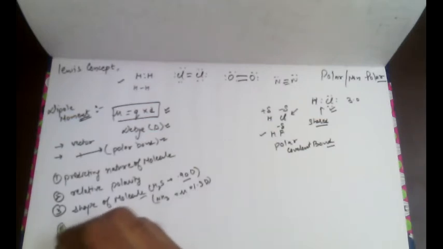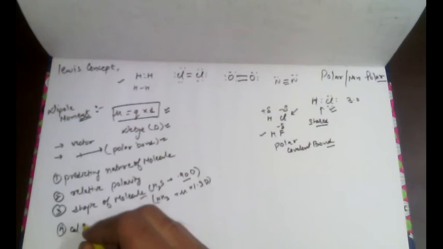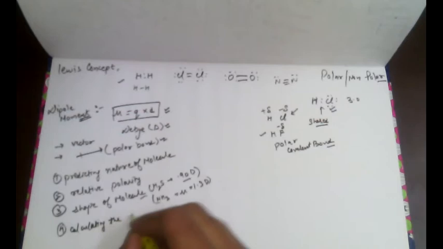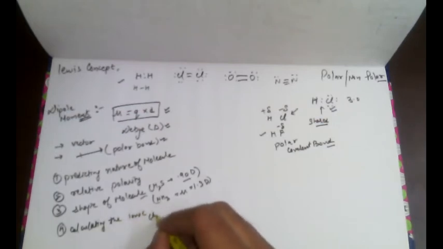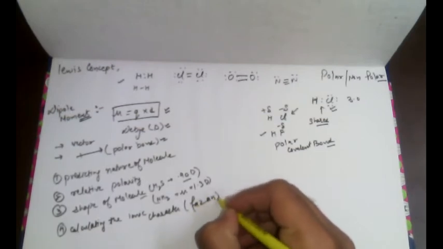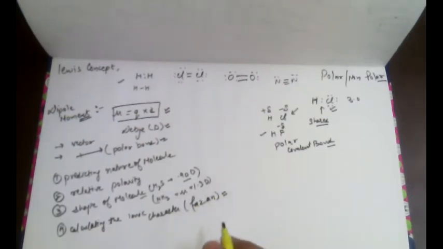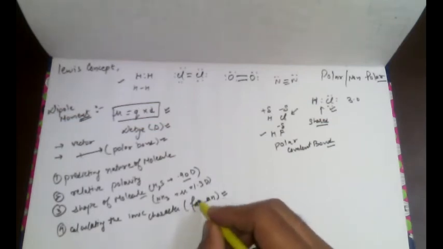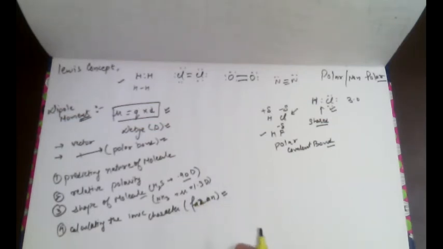The fourth reason we study the dipole moment is calculating the ionic character. A scientist named Fajans, after whose research a Nobel Prize was given, said that no covalent bond has 100% covalent character.